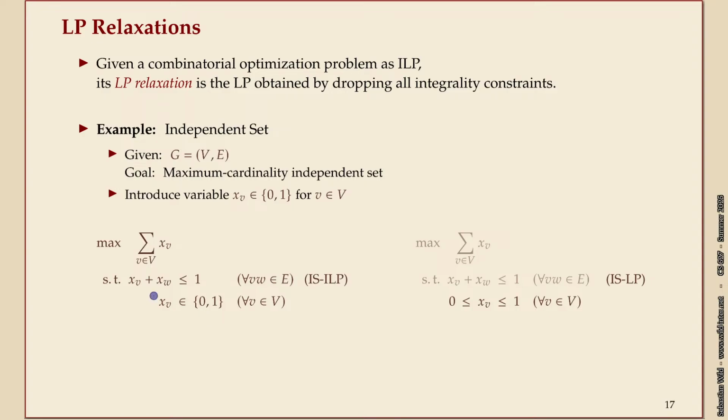We can include one or the other, but not both. So I guess with the less than or equal to 1, it's a NAND. And the linear program relaxation on the right just replaces the binary constraint with upper and lower bounds. So the variables are still bounded between 0 and 1, but they need not be integral.